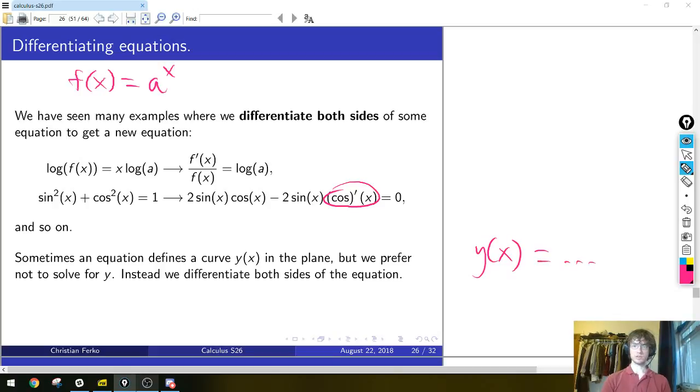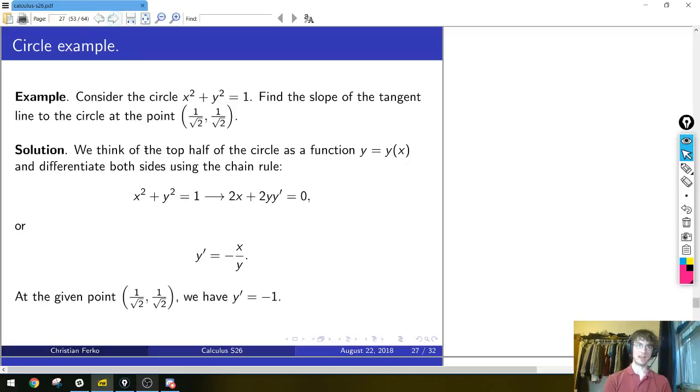Sometimes it's hard to solve an equation for y, so instead of solving for y and then taking the derivative of the right, you would just start with the unsolved equation and differentiate both sides of the unsolved equation, and then solve that new thing for the derivative. So often that's easier. It probably sounded very abstract, the words I just said, so I hasten to supply an example.